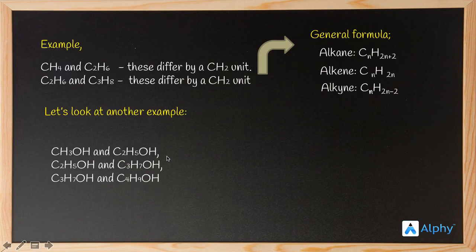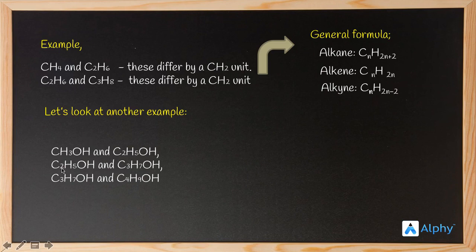Can you find any similarity between this example and the previous examples? Yes, all of them differ by a CH2 unit. There is one carbon here, two carbons here, so one carbon difference. There are three hydrogens here and five hydrogens here, so two hydrogen difference, differing by a CH2 unit.